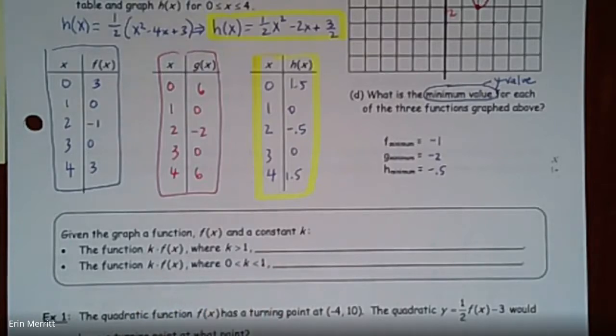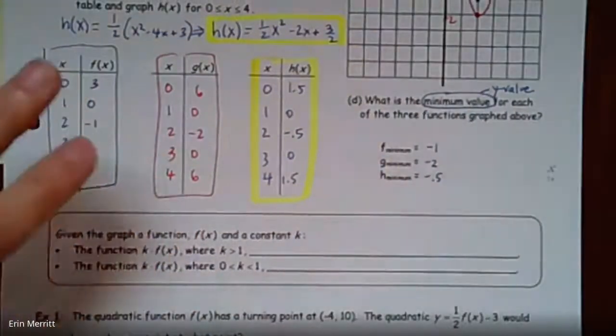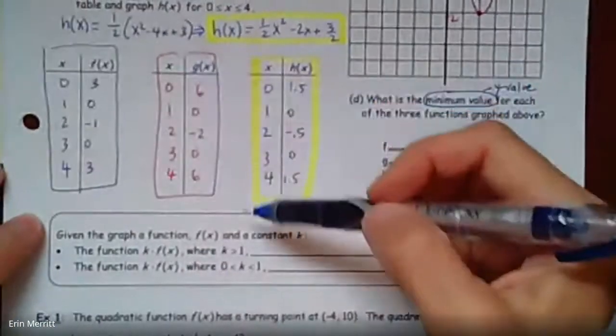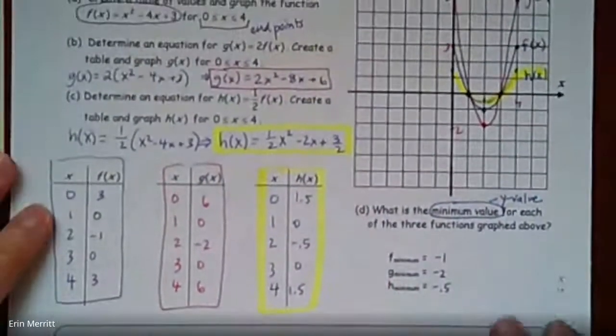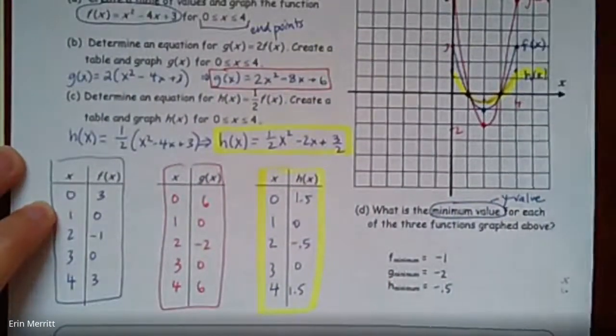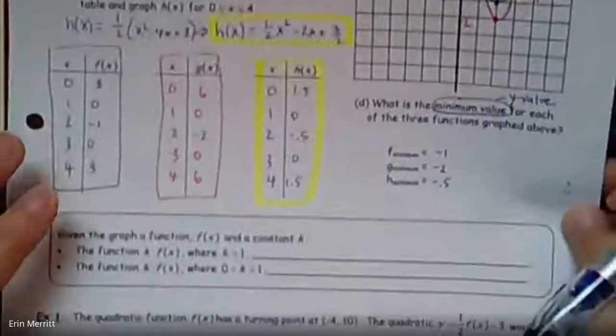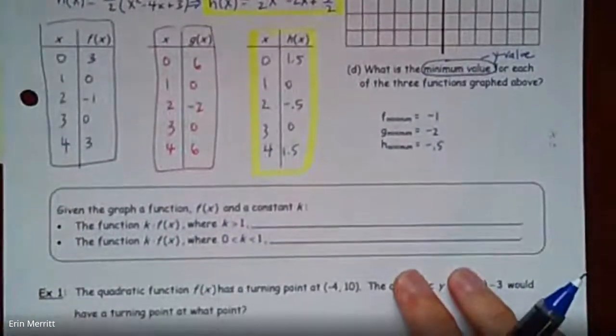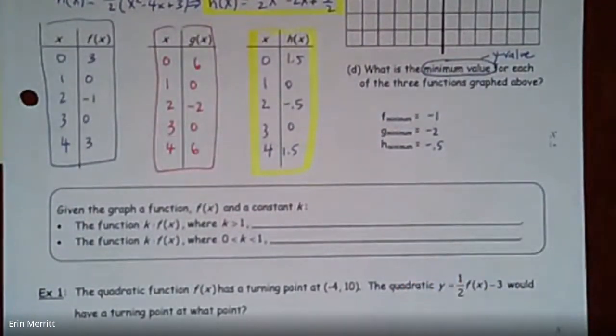What happened? Well, if we look, we never changed the domain. The domain stayed exactly the same. All the x values didn't vary at all. And yet the parabola still kind of showed that same piece. So first thing that we're showing here is that nothing happens to the x's, right? But what changed was the y values.